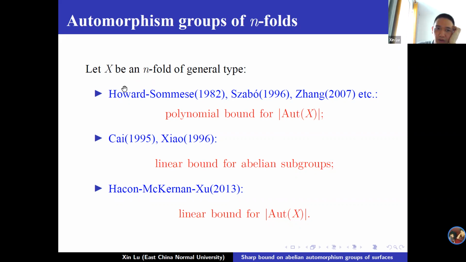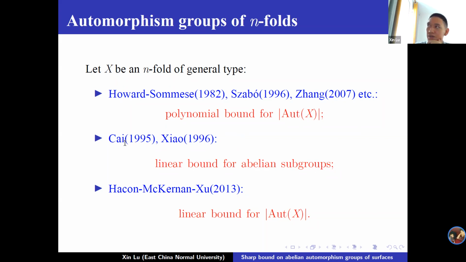For example, Howard, Sampson, Zambo and Deqi Zhang proved various polynomial bounds for the total automorphism group. And the linear bound was first obtained for abelian subgroups by Jinxin Cai and Gang Xiao. They proved a linear upper bound for abelian subgroups.